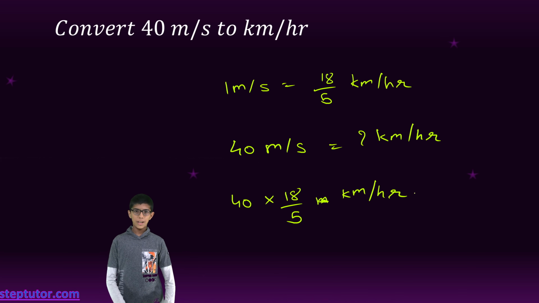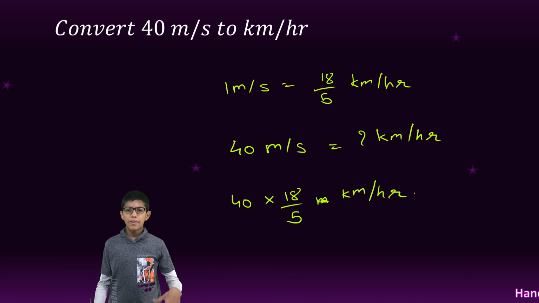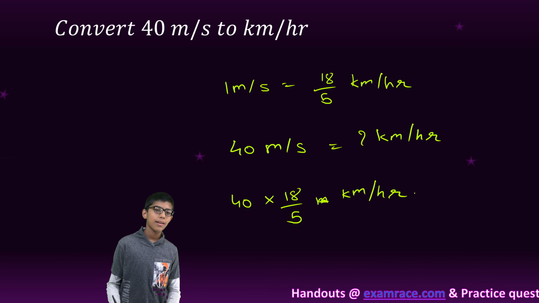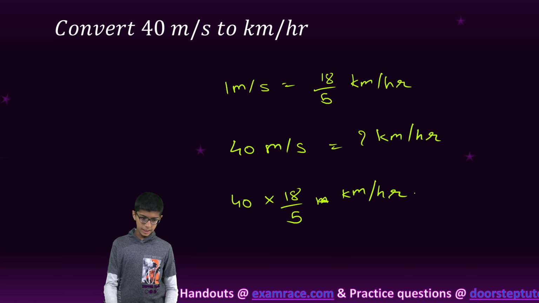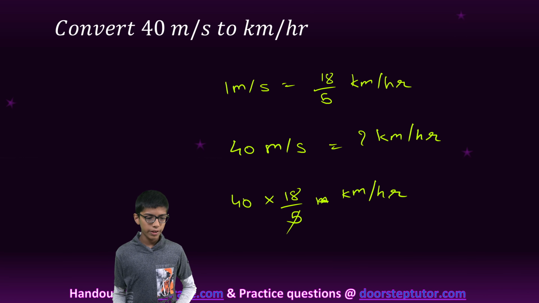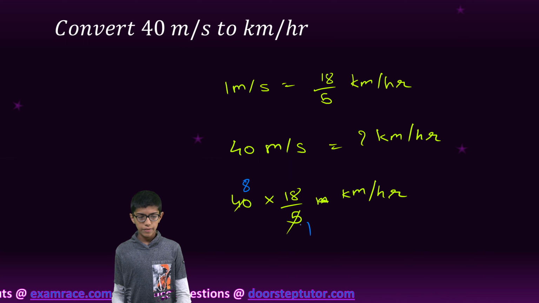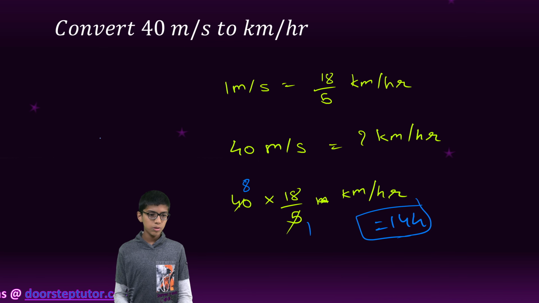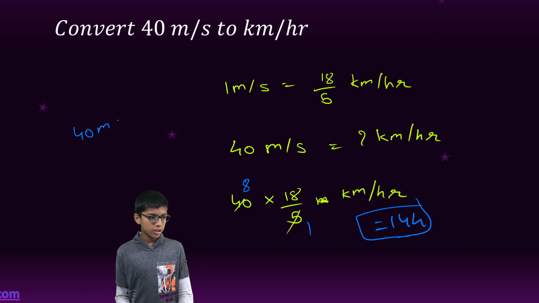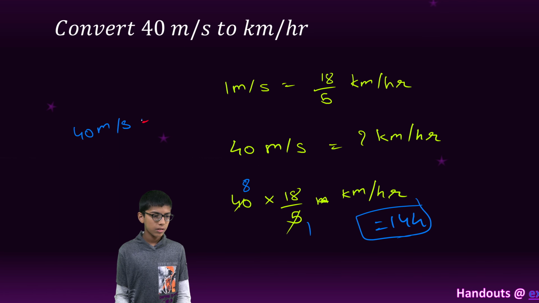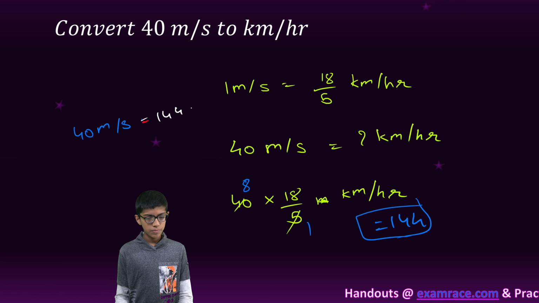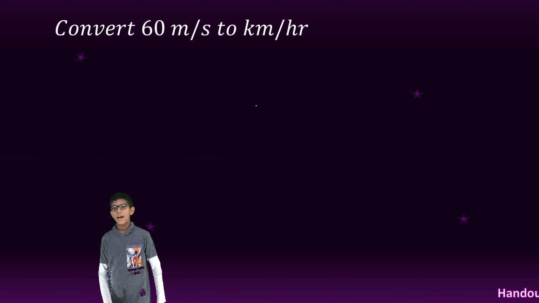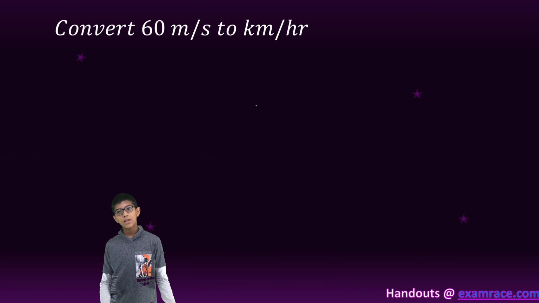I will give you some time so that you don't find it hard. Yes, you are correct. We can cancel 5 and 40, 8 and 1, 8 into 18, as we know, is 144. So 40 meters per second equals 144 kilometers per hour.